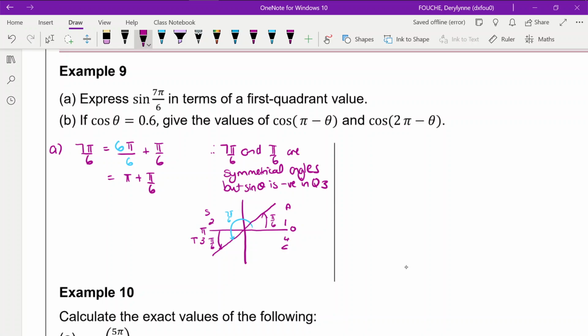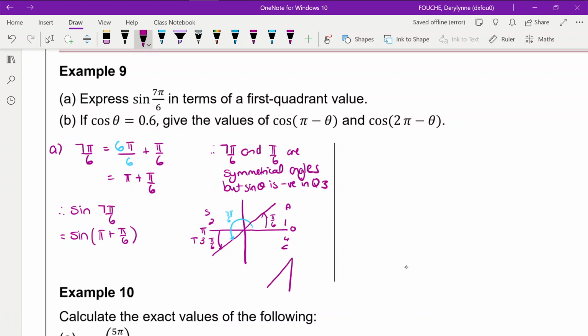So all I've done is have a look at the angle. Let's also have a look. Let's start here. Sine of 7 pi on 6 is now going to be the same as saying sine of pi plus pi on 6. But now I know that this angle has to be negative. Sine is negative in quadrant 3.